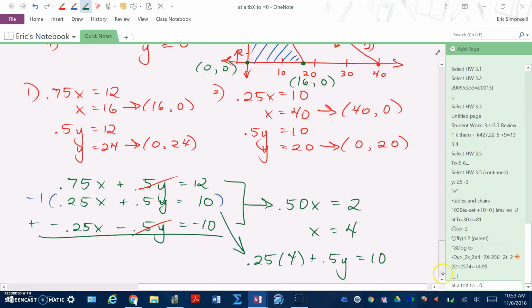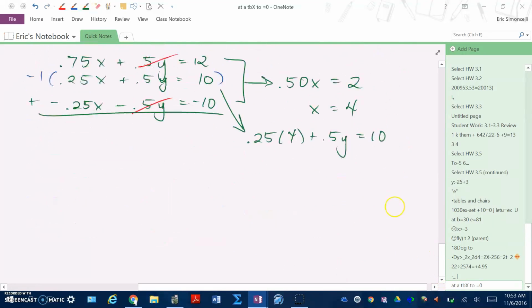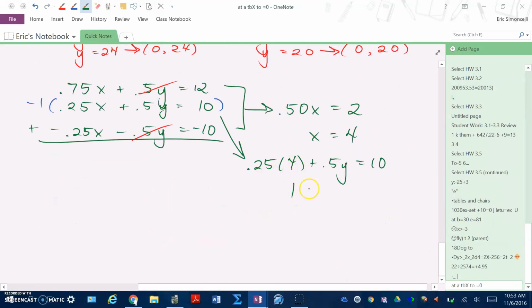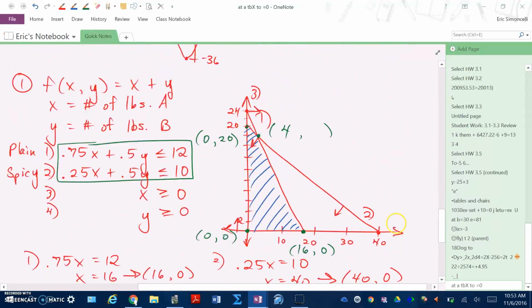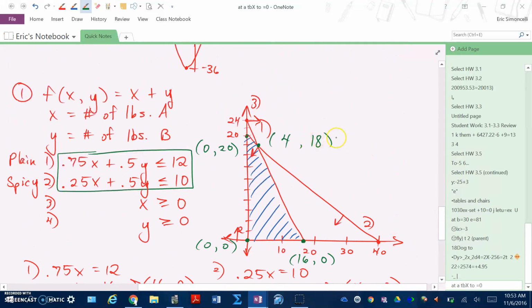That turns into 1/4 times 4, which is 1, plus 0.5y equals 10. Subtract 1 from both sides, multiply by 2, because that's the reciprocal of 0.5. 2 times 9, 18. So the ordered pair of this point is 4, 18.